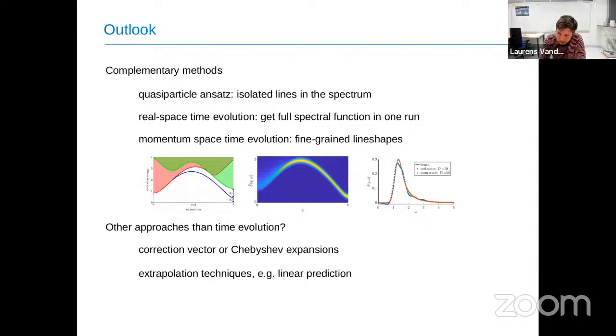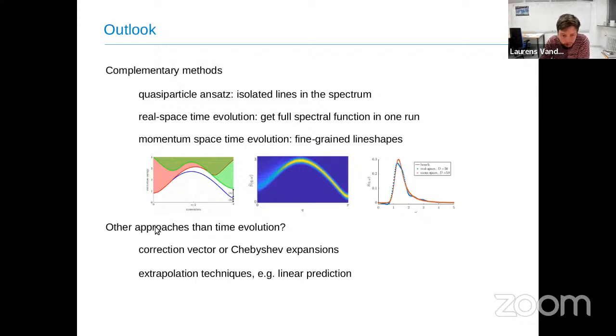Of course, I've only talked about time evolution. There are other methods around which allow you to compute spectral functions using MPS, and we're currently looking at whether we can use, for example, correction vector methods in combination with this momentum space approach.